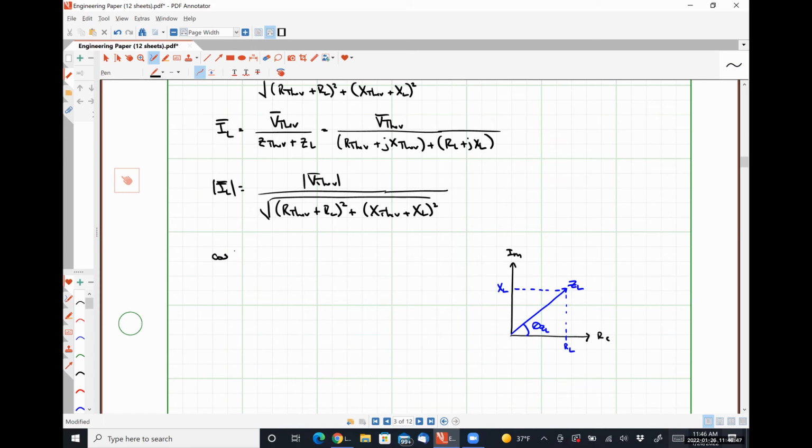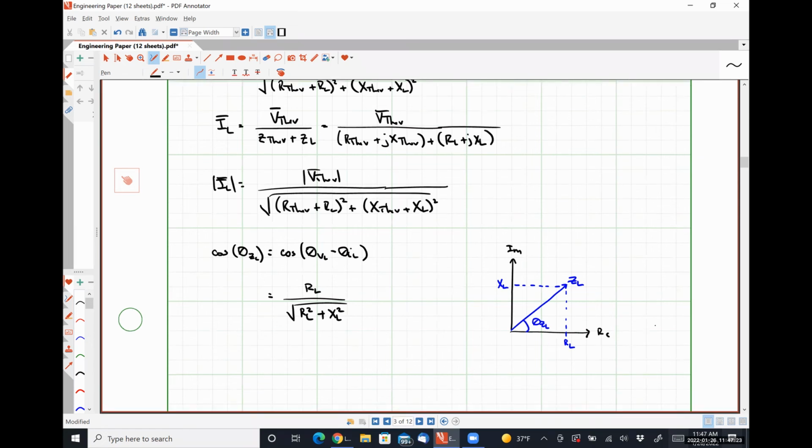So cosine theta ZL, which is the same as cosine of theta VL minus theta IL, is equal to the real part of my impedance, RL, divided by the magnitude of my impedance, which we know to simply be the square root of RL squared plus XL squared. So from these relationships, I'm going to have to go to the next page here. I'm going to let you guys finish copying things down.